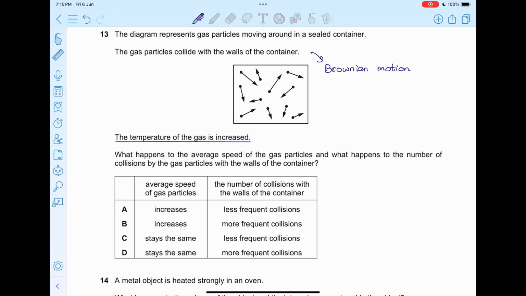What happens to the average speed of the gas particles and what happens to the number of collisions by the gas particles with the walls of the container? So the average speed should increase because the temperature has increased. Since the average speed also increases, it means there are more frequent collisions, so the answer should be B.